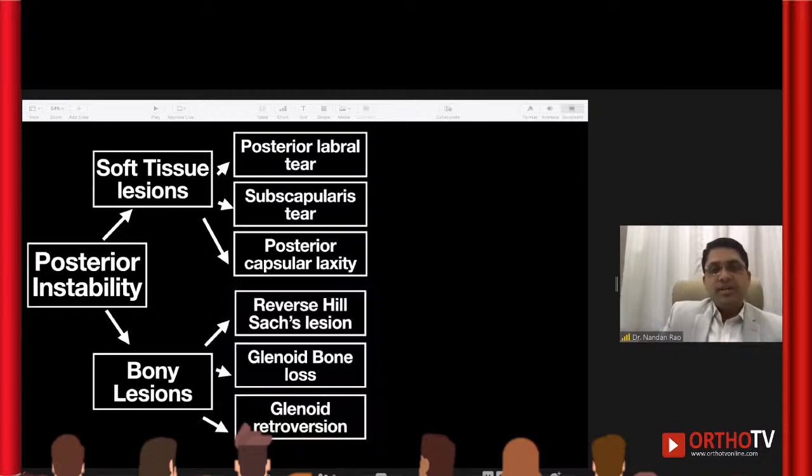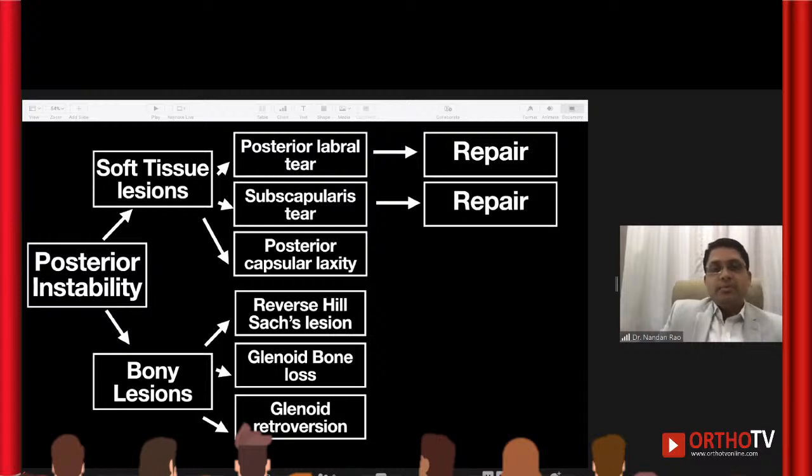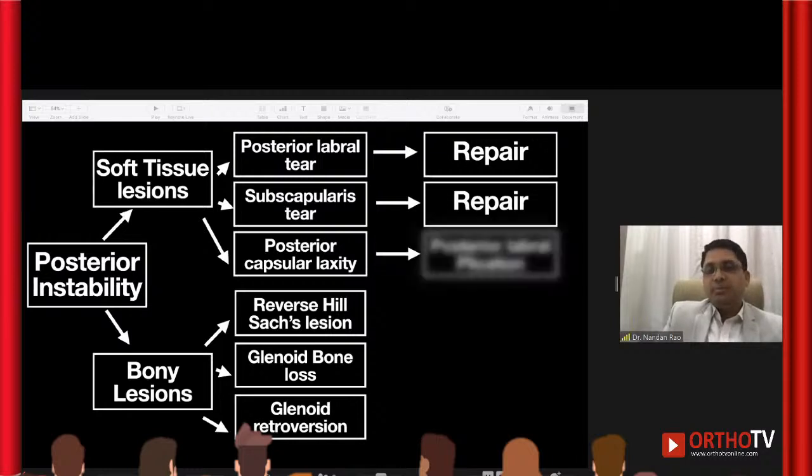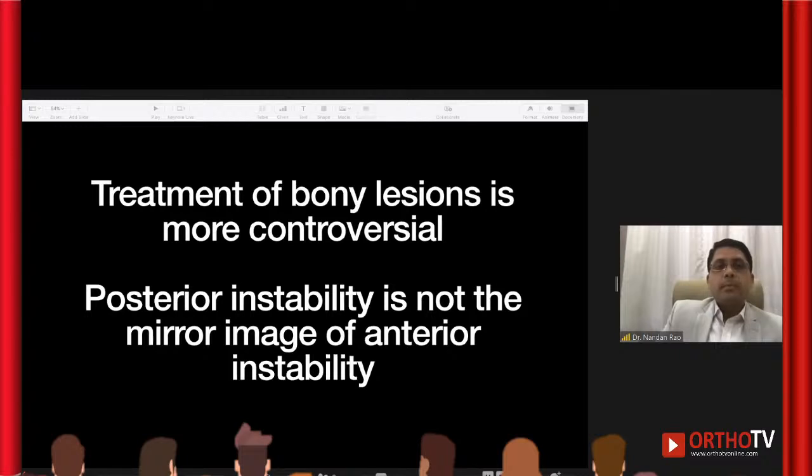Bony lesions may be in the form of reverse Hill-Sachs, a glenoid bone loss, or glenoid retroversion. So if you have a labral tear, repair is the answer. If you have a subscap tear, again repair is the answer. Posterior capsular laxity patients usually present as part and parcel of multidirectional instability, and in such patients, posterior labral plication is an answer. Bony lesions are next, and we'll see them later.